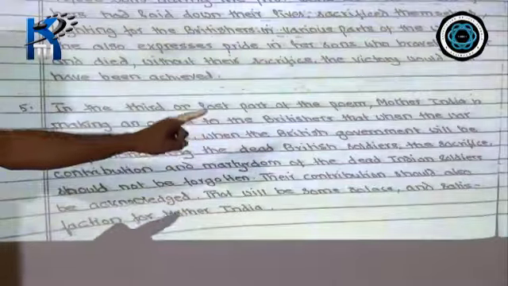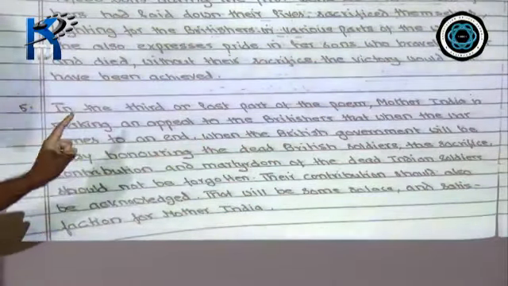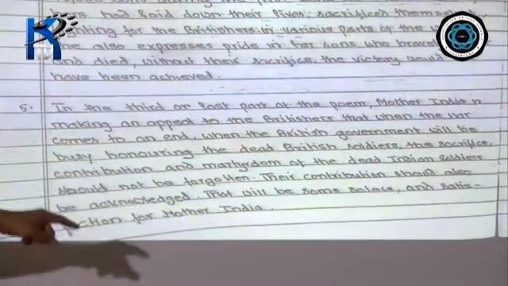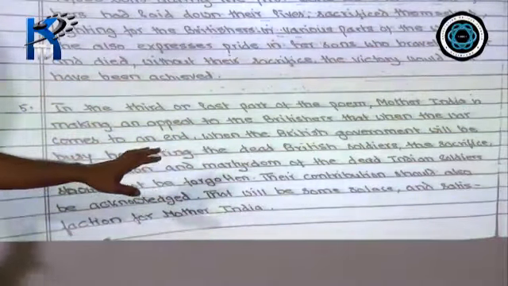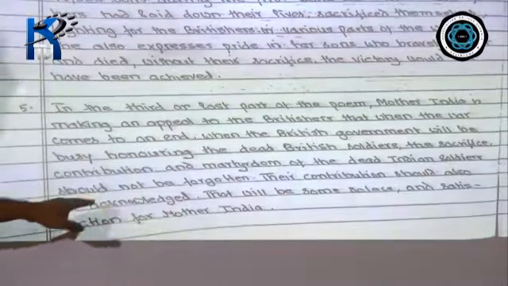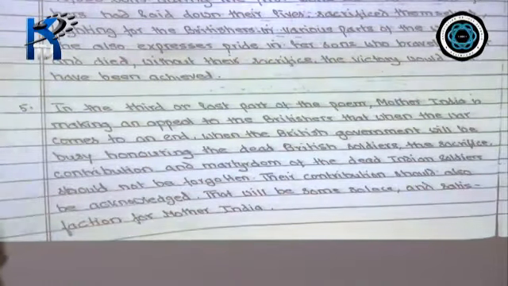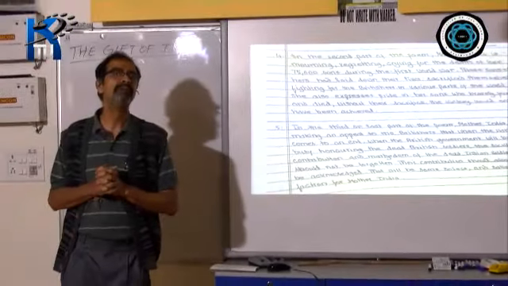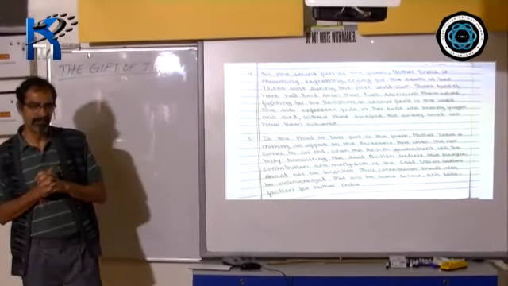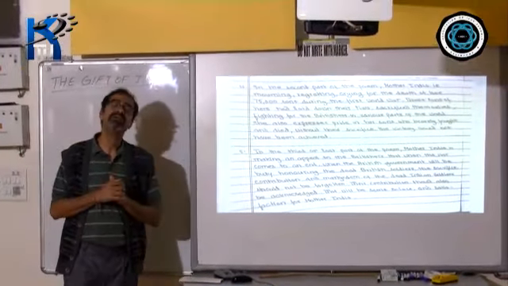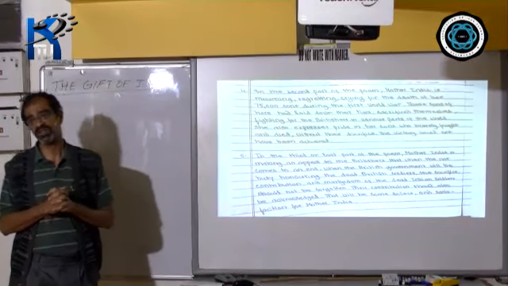Their contribution should also be acknowledged by the Britishers. That will be some solace, some consolation and satisfaction for Mother India. That is how the poem is broadly divided into 3 parts. Now let us pick up the poem, and I will start with, obviously, the first part.